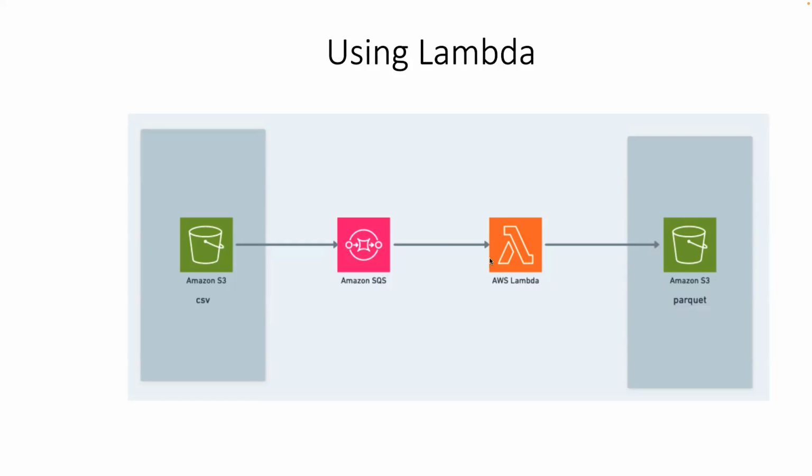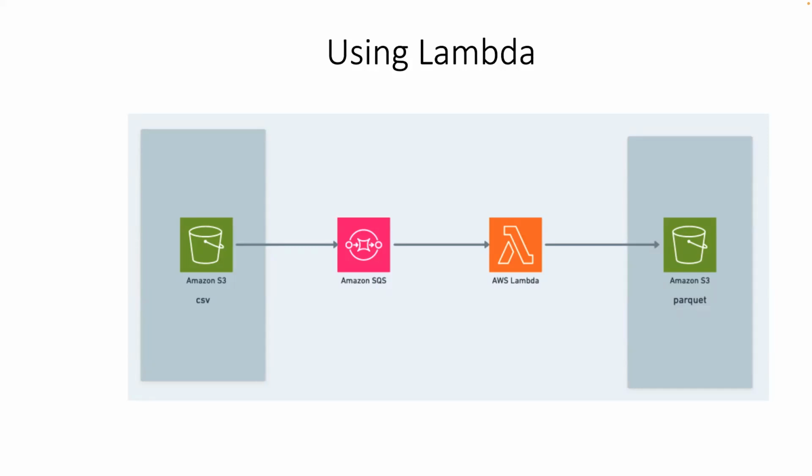Your Lambda picks up this job and does the transformation. If you're running your Lambda on Python, they have the AWS Data Wrangler library, which you can use to easily do these types of transformations. So this would be more on the lightweight type of workload.